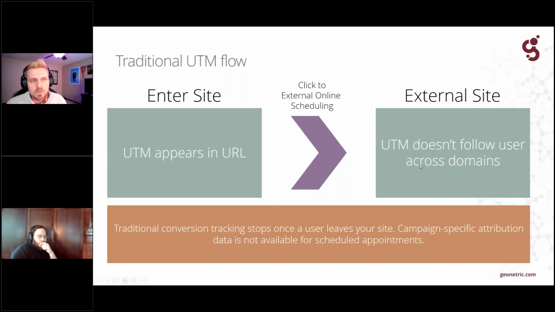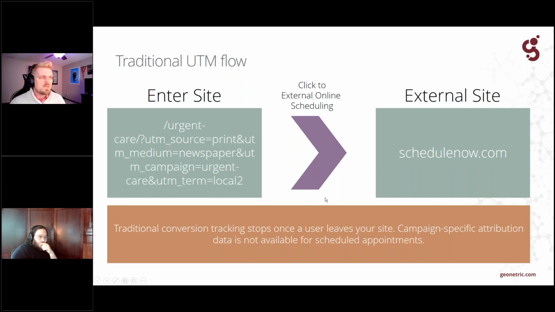Then they click through to schedule an appointment on a different website and the UTMs don't follow them. You might be able to say that 25 different people scheduled an appointment this week, but you can't say, was it Spotify that did that? Was it PPC? What really led to that? Because the UTMs aren't there. So this is an example of what that looks like.